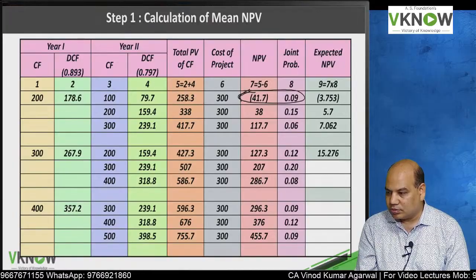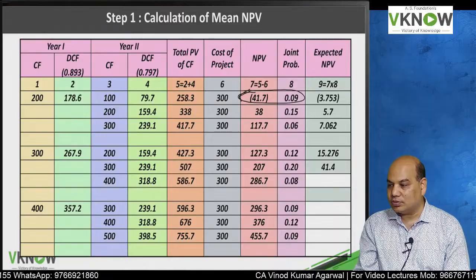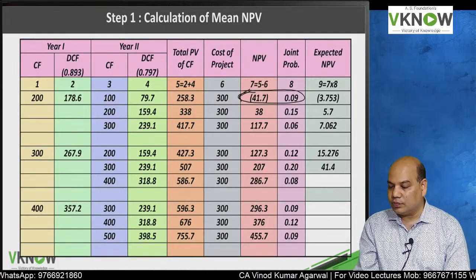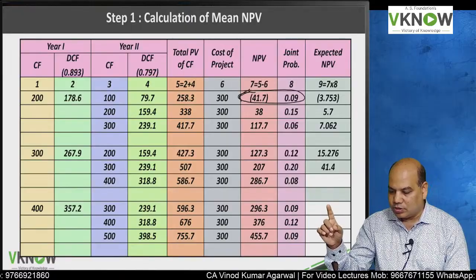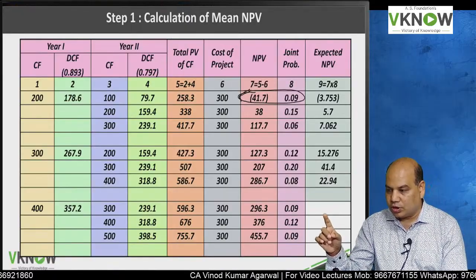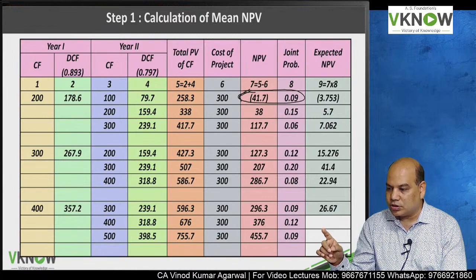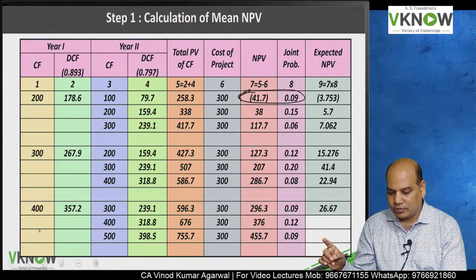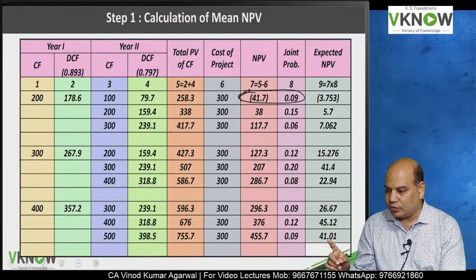Fourth one, 15.276. Fifth one, 41.4. Sixth one, come on here, write sixth one. 22.94. Now write here 26.679. 9 right here. 45.12 and now right below 41.01.